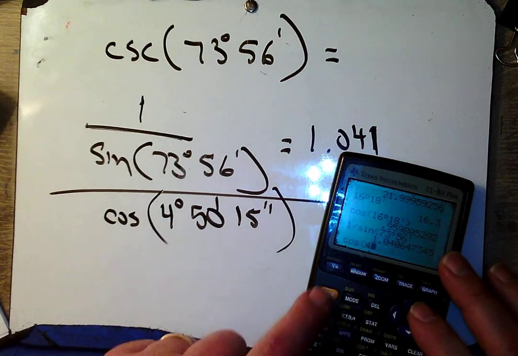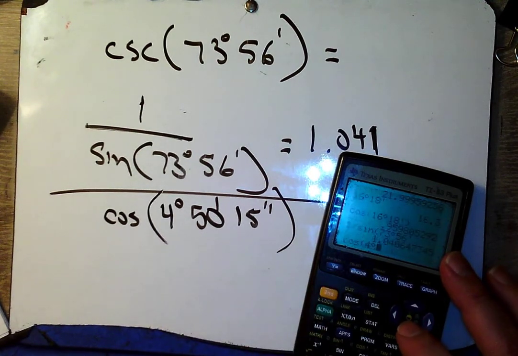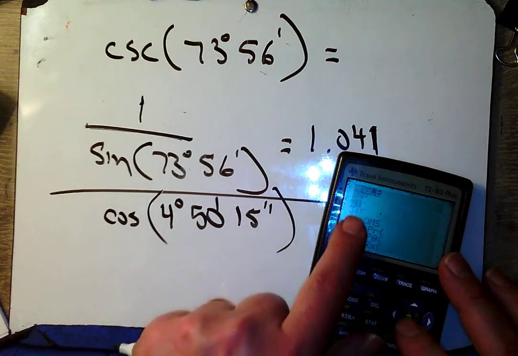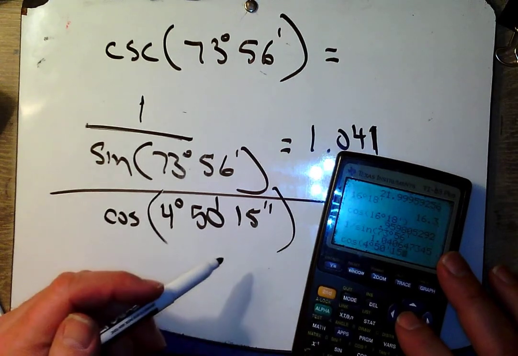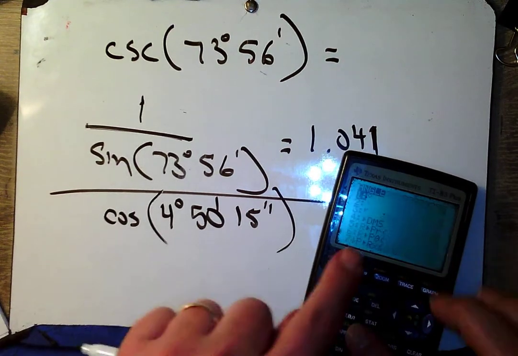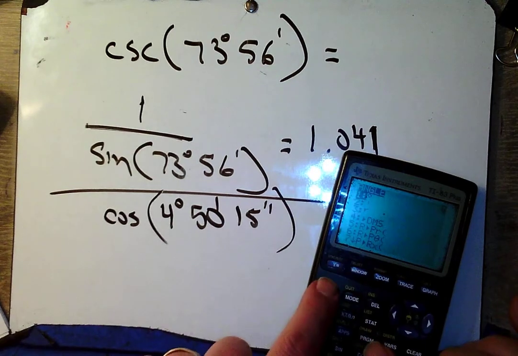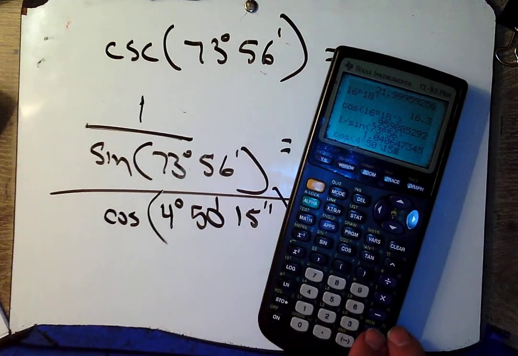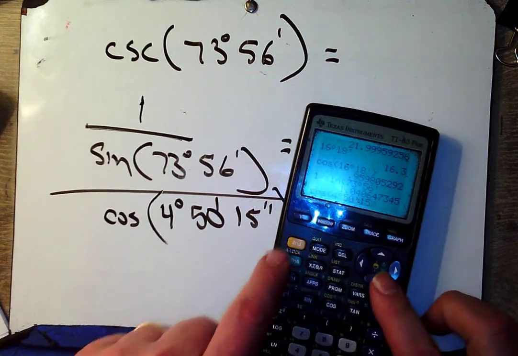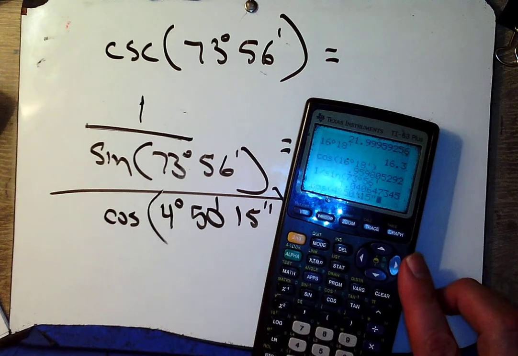Cosine of 4 degrees, you know where that is. 50 minutes, we know where minutes is. 15 seconds. There were no seconds here. See, no seconds. So that's not where they are. Oh, right, they're over here. Do you see right above the plus sign in green? So we're going to need the green button. Alpha plus sign. And so we've got our seconds.